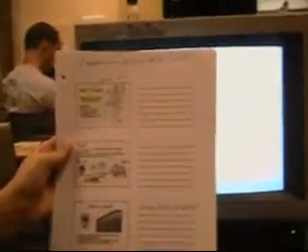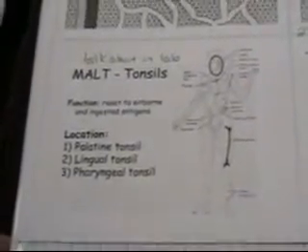They are partially encapsulated with connective tissue. It means that they don't have a connective tissue capsule towards the oral cavity or the nasal cavity. Their main function is to filter antigens that reach the system through the air or through the oral cavity.